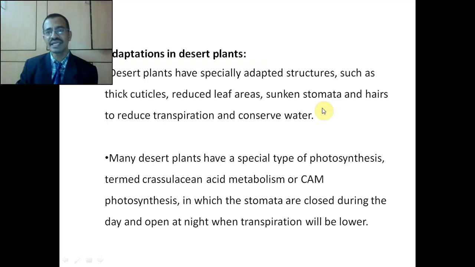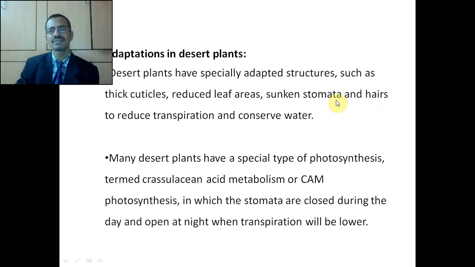They are located deep inside the lower epidermis. So this is called sunken stomata. And also these stomata are surrounded by hairs to prevent the excess transpiration. So xerophytes make sure that there is the least amount of transpiration.